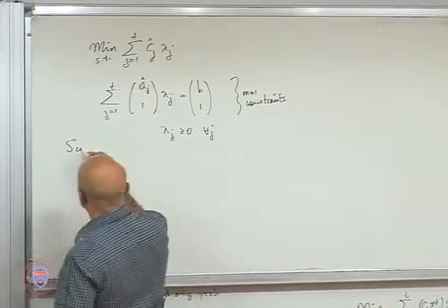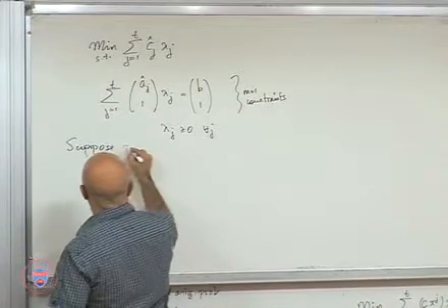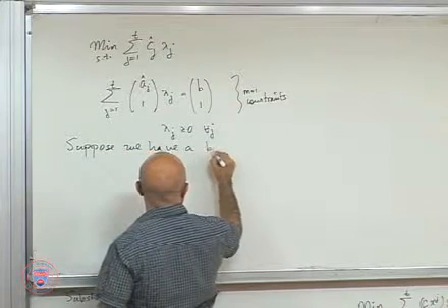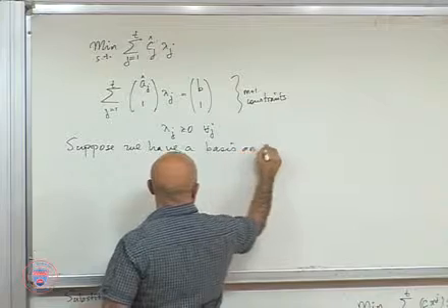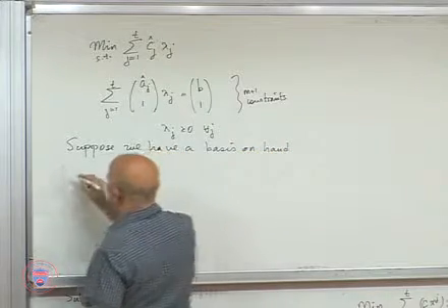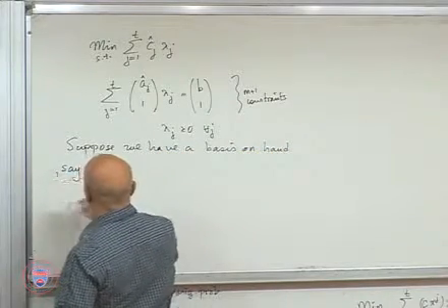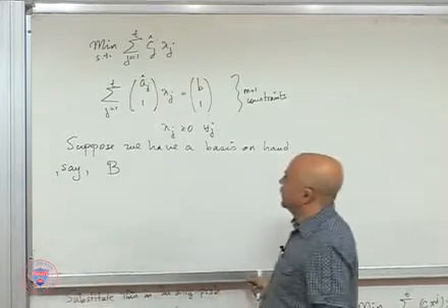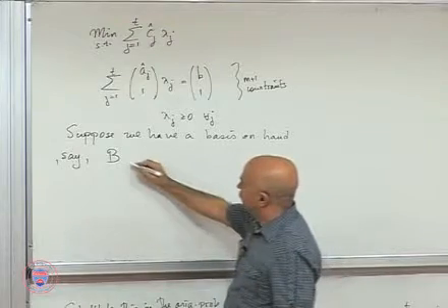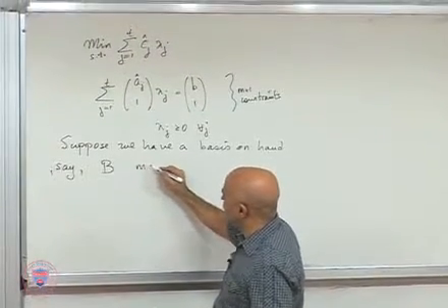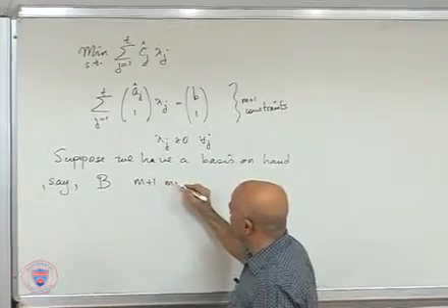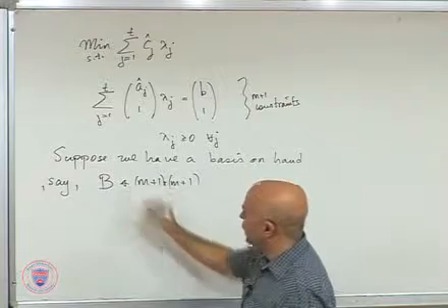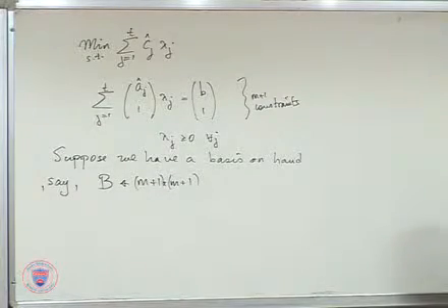All right. So suppose we have a feasible basis on hand. Let's assume it's B. And B is, of course, n+1 by n+1. That's the size of your basis.